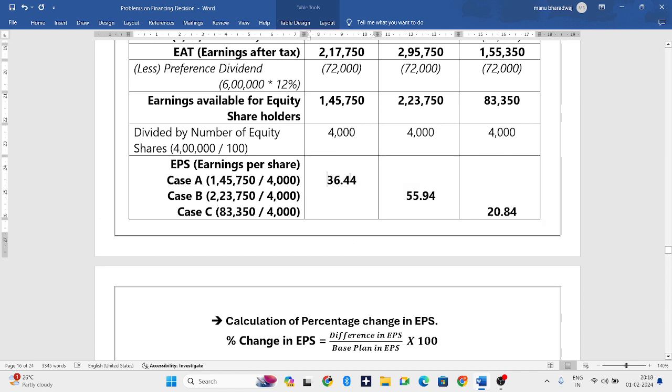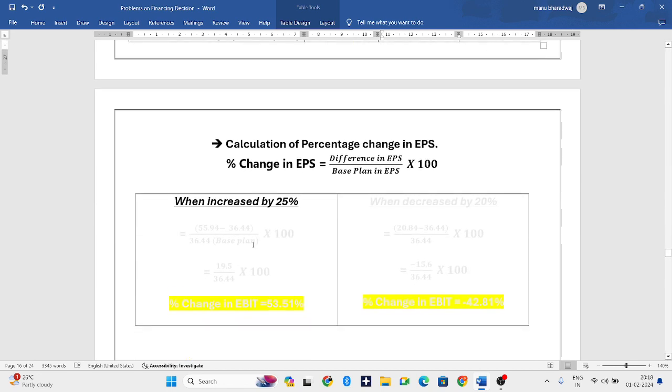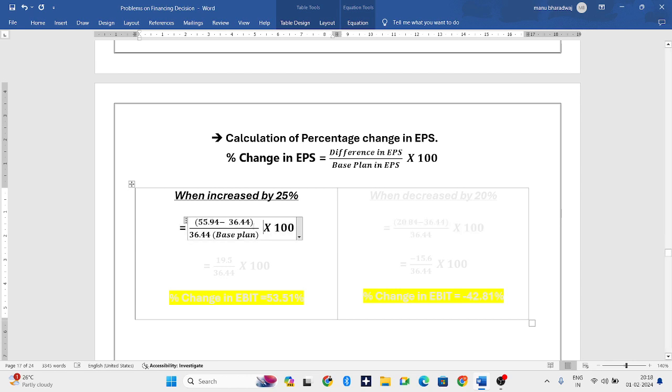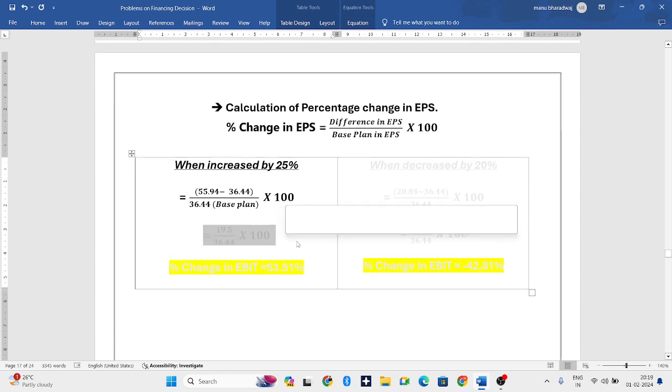The base plan is 36.44 and we subtract that from 55.94. 55.94 minus 36.44 gives the difference in EPS, 19.5.